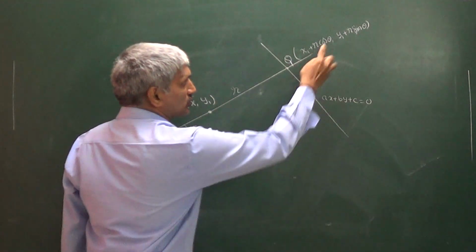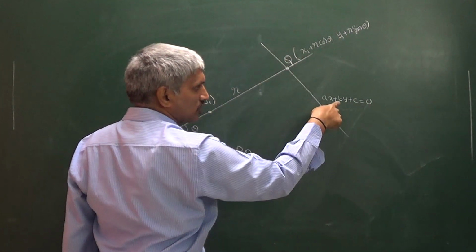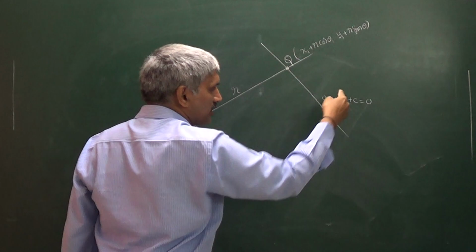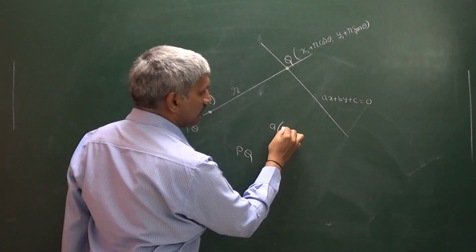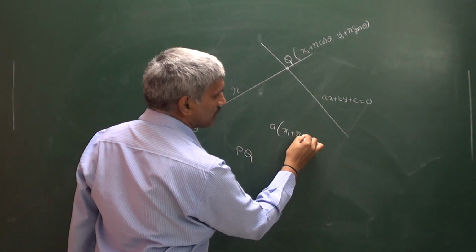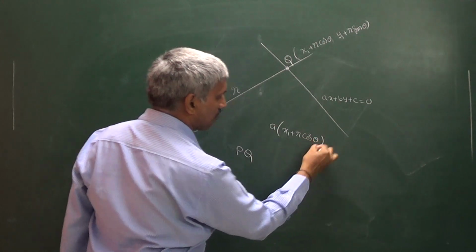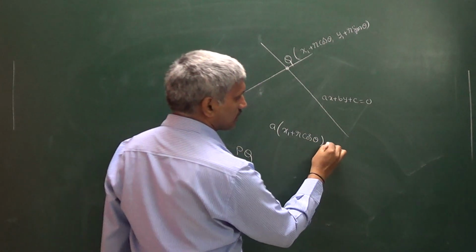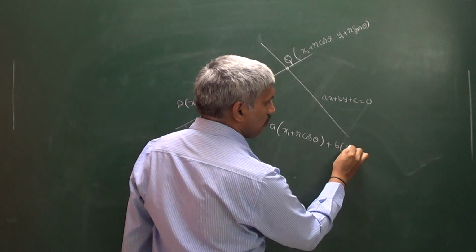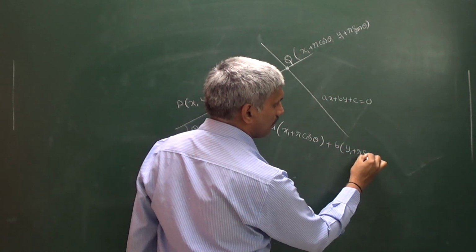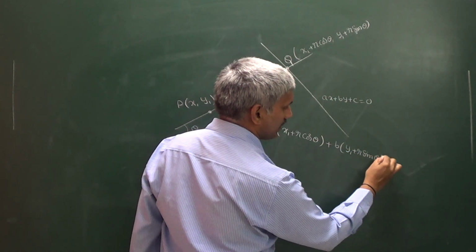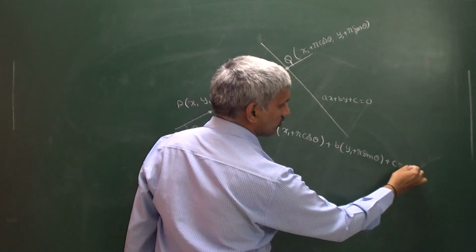Now tell me, is this particular point on this line or not? Substitute this point in the line equation. Therefore a into x1 plus r cos theta, where r is nothing but PQ, plus b into y1 plus r sin theta, plus c is equal to 0.